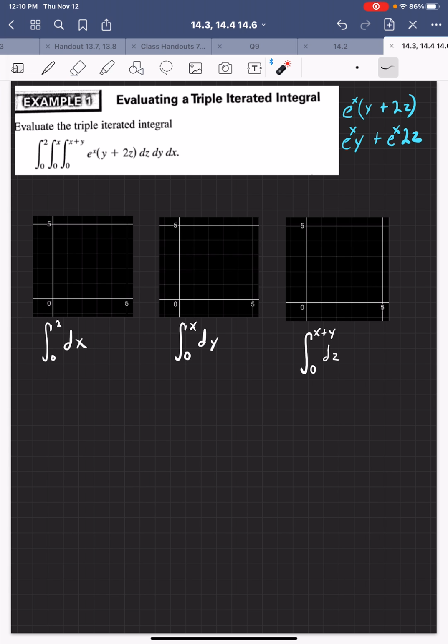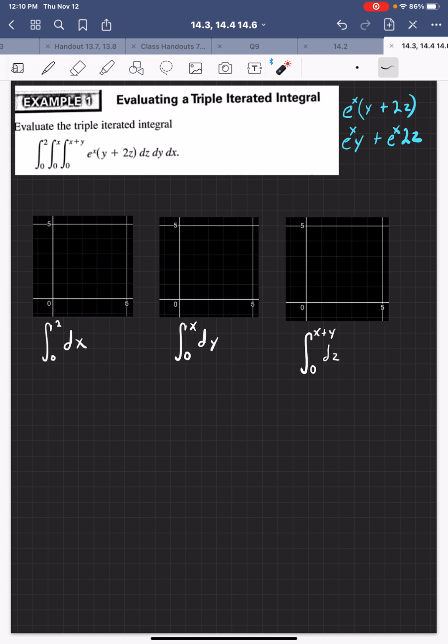Okay. So in terms of, I have spent a lot of time trying to get you to think about the geometry of these regions. Starting with dx, you can think about x being bounded between these two regions. In terms of dy, you can think about y being bounded between these regions. Only when we get to dz, we have to think about our three-dimensional axis.